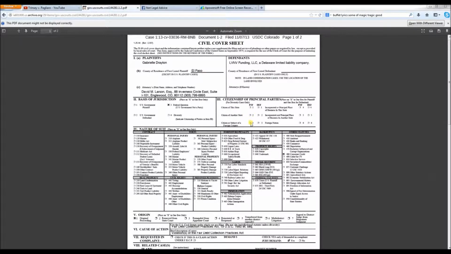She's not from another state, she's not a foreign country. Actually, none of these are clicked. She's not incorporated, she's not a foreign nation. So that box right there should have been clicked. For the defendant, incorporated in another state, that box right there should have been clicked.